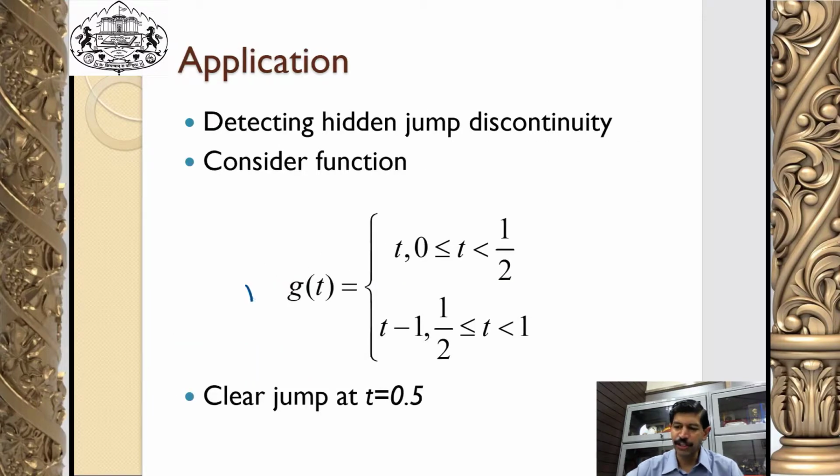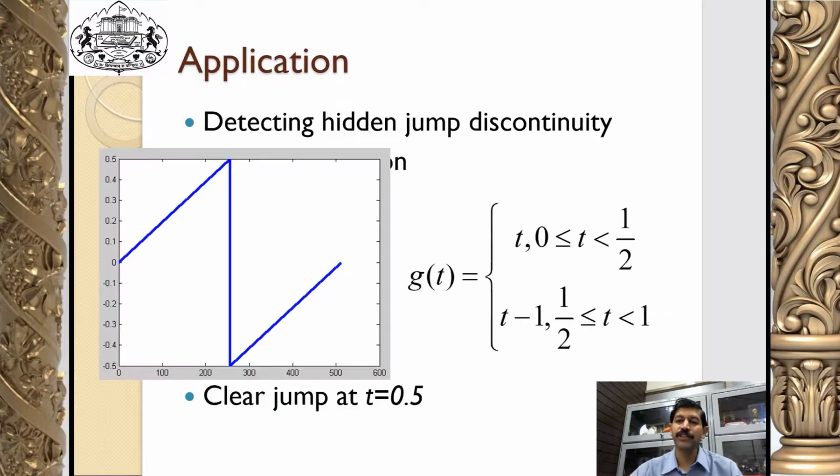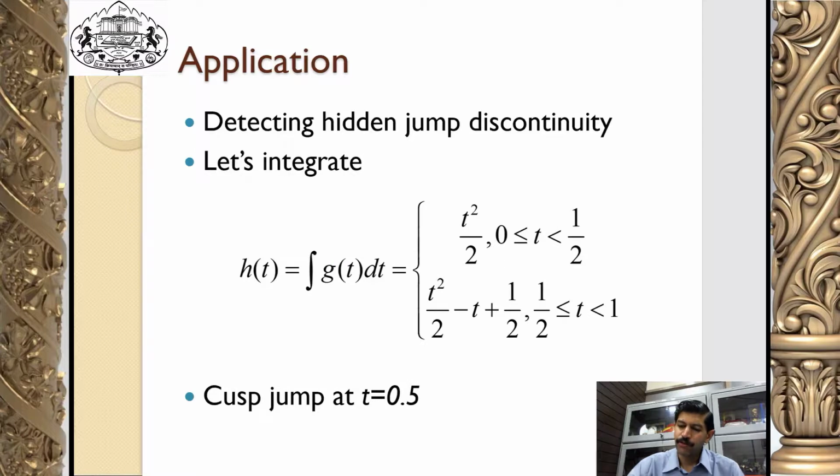So this is one example that we have constructed. This is g of t, and this is how g of t typically looks. Clearly it has a jump at 0.5. So if you plot this function, right midway it has a clear-cut jump. Now if we integrate it once, we get h of t, and h of t looks like this, and it has a cusp at 0.5 midway.